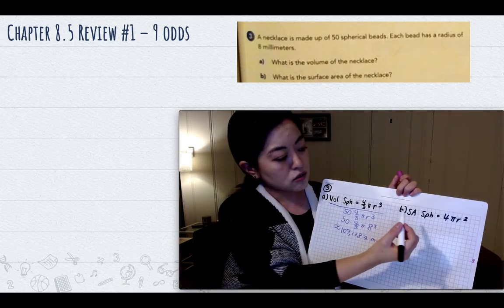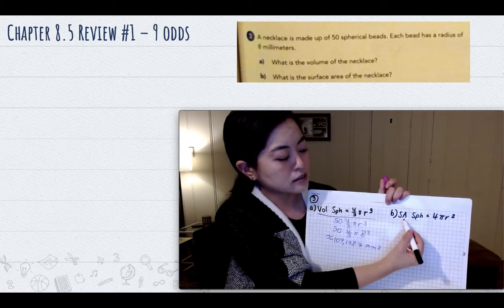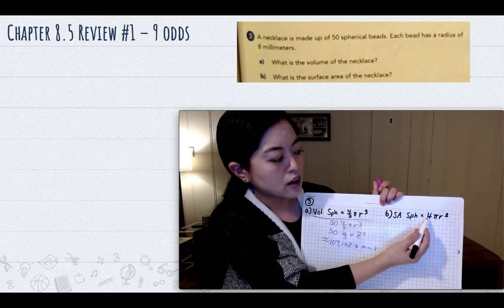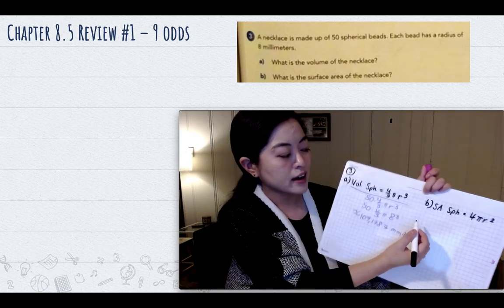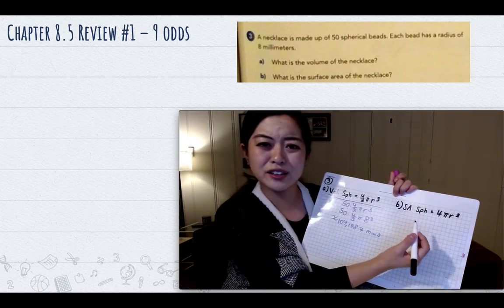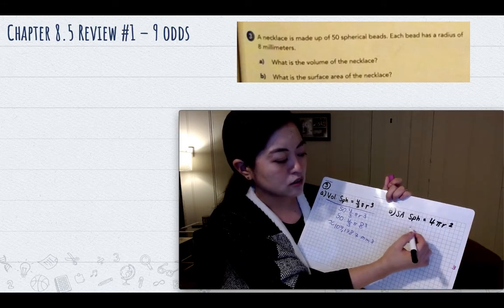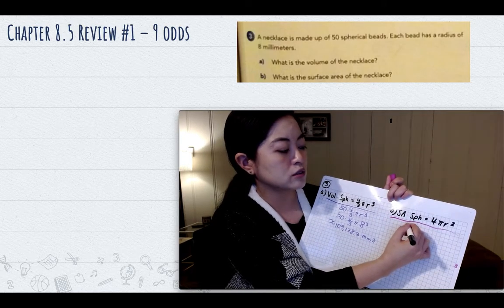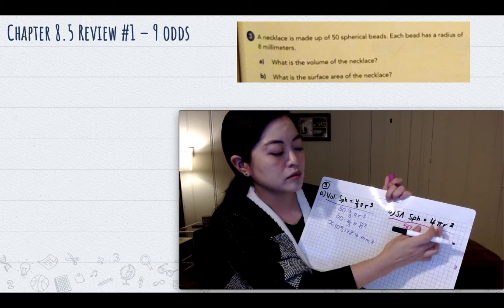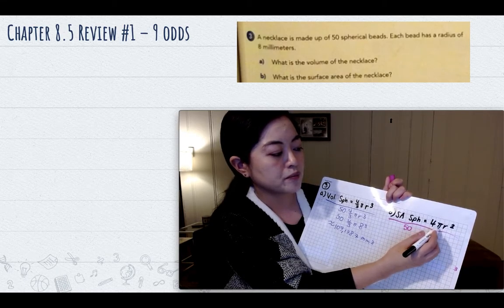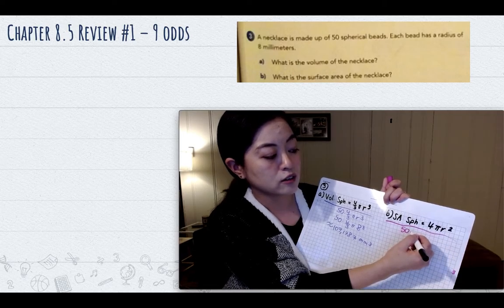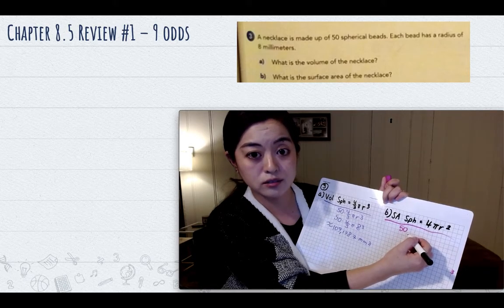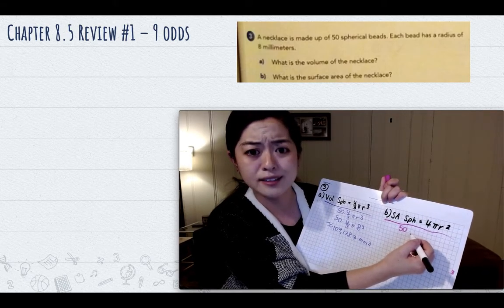Okay, and so I recall that the surface area of a sphere is 4 pi r squared. And how many beads are there again? There's 50. So what we're going to do is 50 times the surface area of one sphere. That'll give us the surface area of the 50 spherical beads.